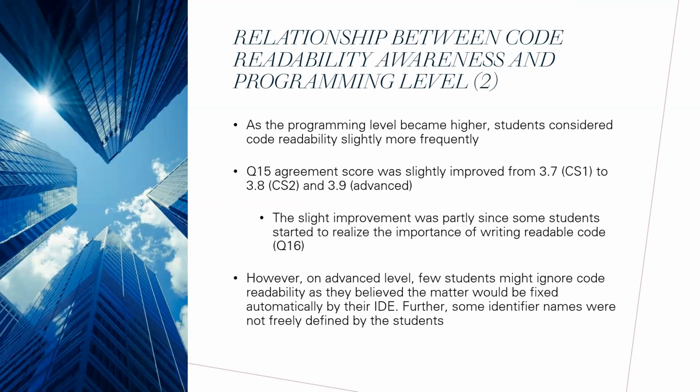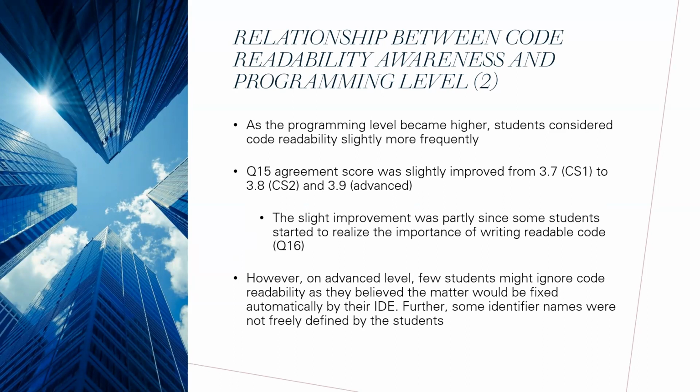So, as I said before, as the programming level become higher, students considered code readability slightly more frequently. Key 15 agreement score was slightly improved from 3.7 to 3.9 and then 3.9.